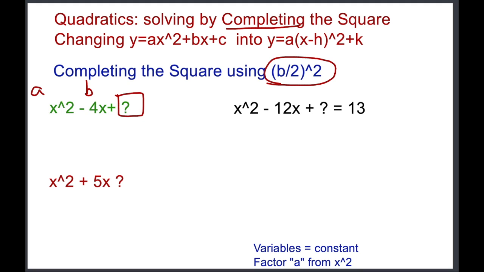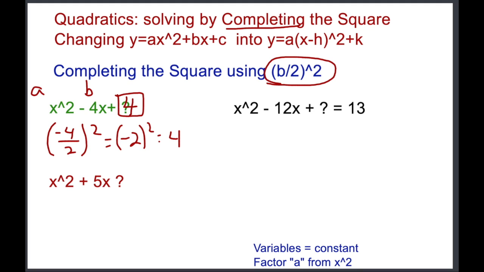We don't know what that is. But we're going to determine it with this formula called the completing the square formula, which is b over 2, which would be negative 4 over 2. Quantity squared is negative 2 squared, which is 4. So the number that would go in this box to complete the square is 4.